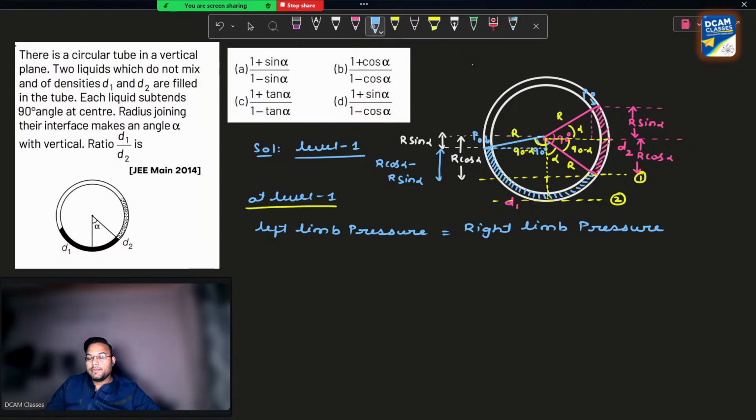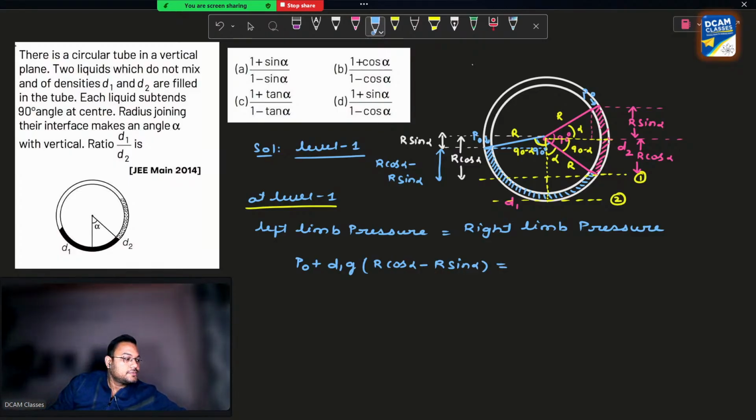Now in the left limb, the pressure at level 1 would be P naught plus D1 G into R cos alpha minus R sin alpha, where D1 is the density of liquid one. This is the pressure in the left limb.